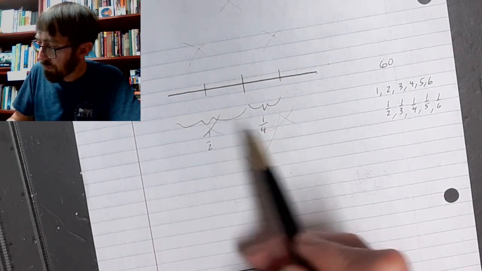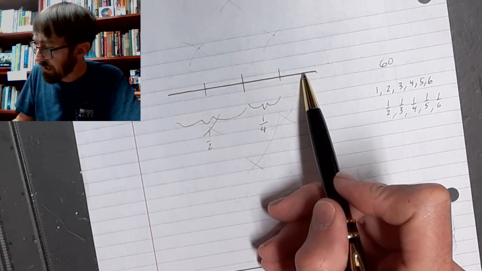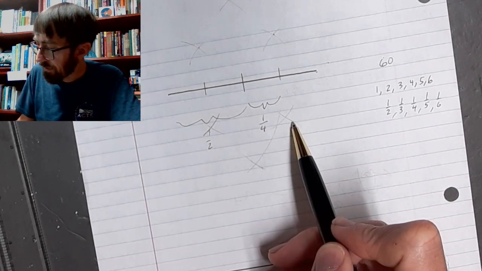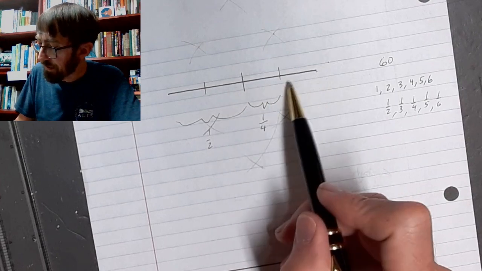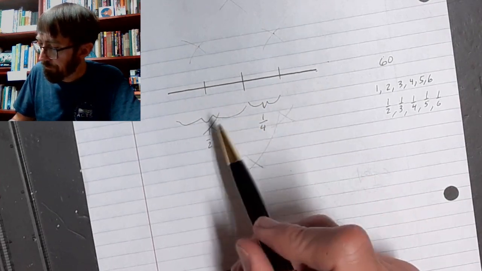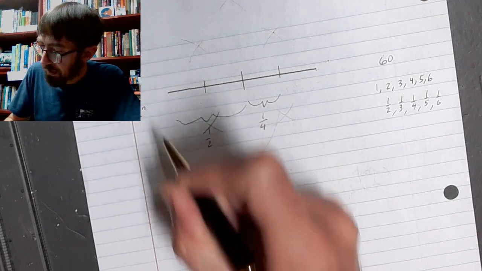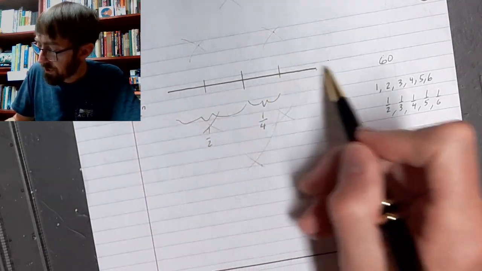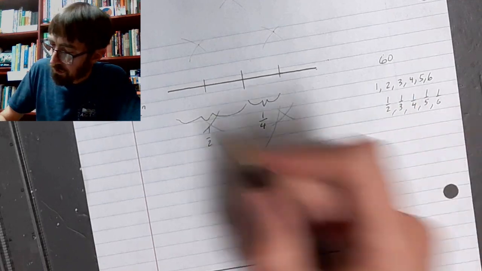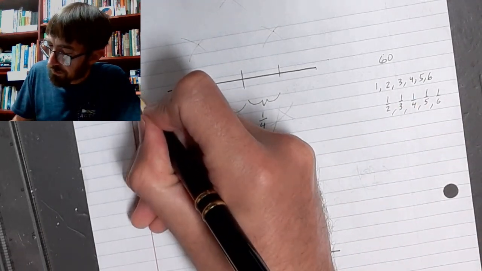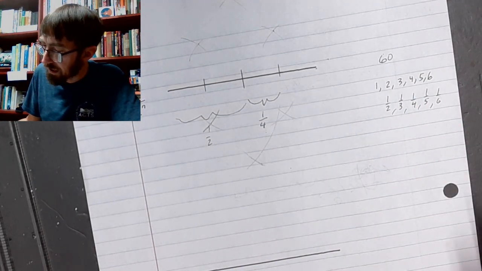So I can easily create a half. I can create a fourth. Of course, if I bisect each of these again, I can create an eighth. So really, I have a method here for creating 2 to the n sections here. So I have a method for these unit fractions of 2 to the n.